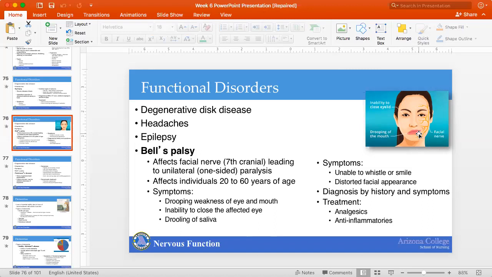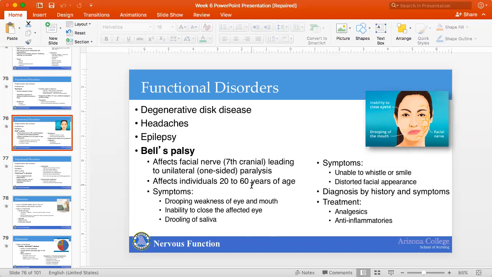So you'll see a pulling back here because they have muscle function on this side. So if she were to smile, she'd have muscle function where her lip could pull back and expose her teeth, but on this side, there would be a lack of movement.